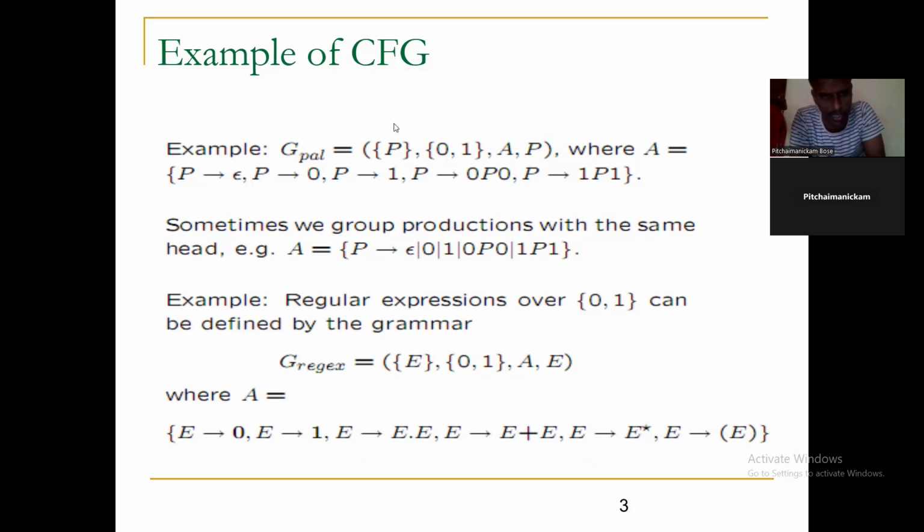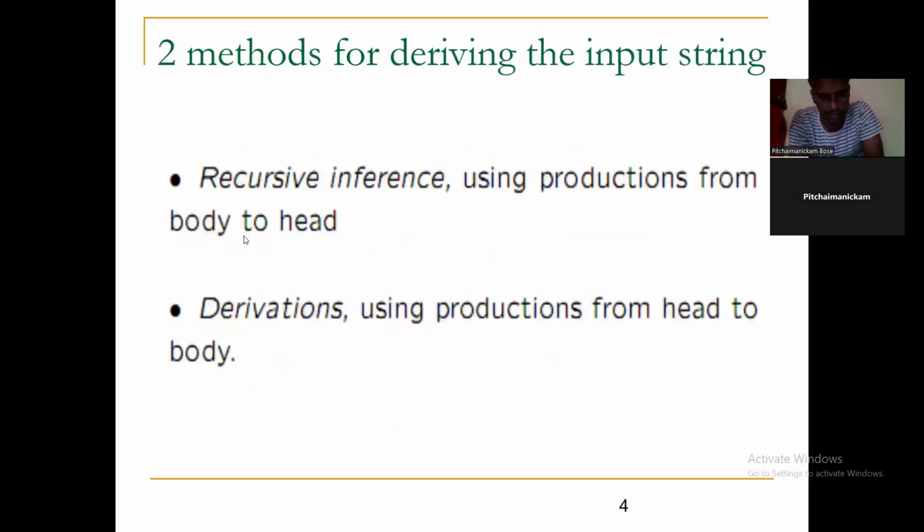The variable is P, the terminals are 0 and 1, P is the production, and P is the start symbol. You define the different set of productions: P tends to empty, or P tends to 0, or P tends to 1, or P tends to 0P0, or P tends to 1P1. So this is one simple example.